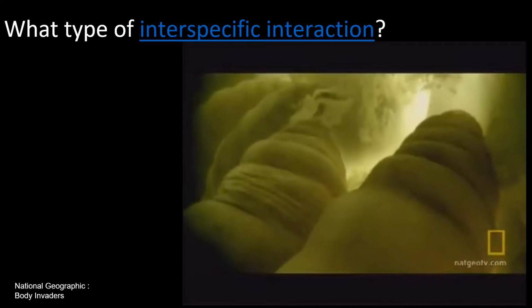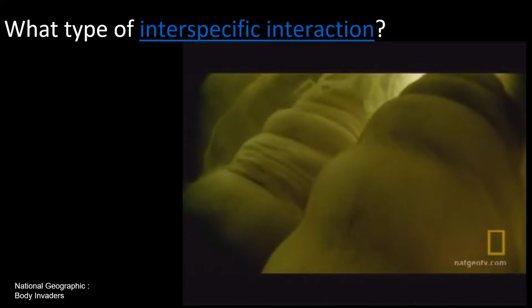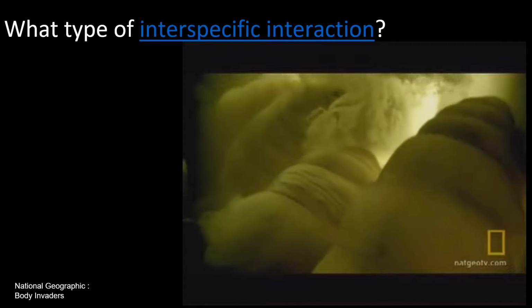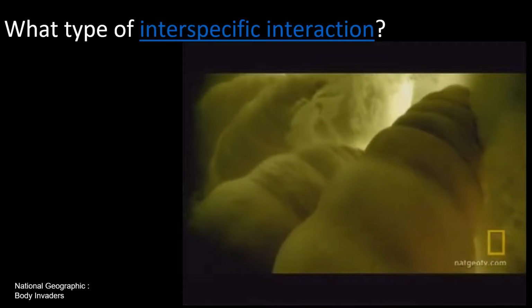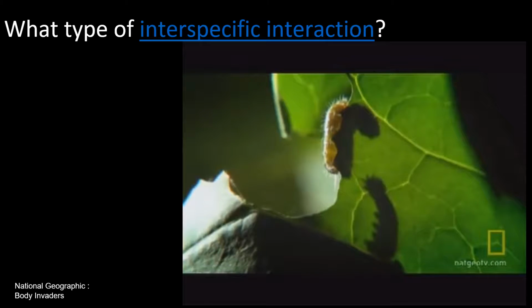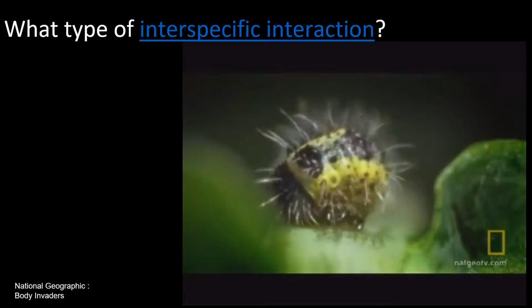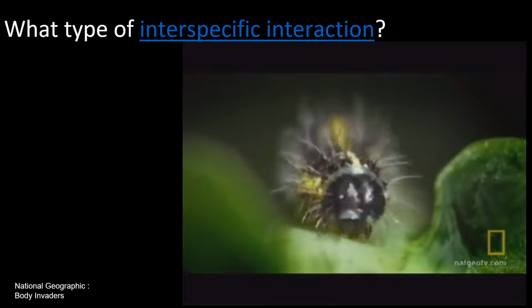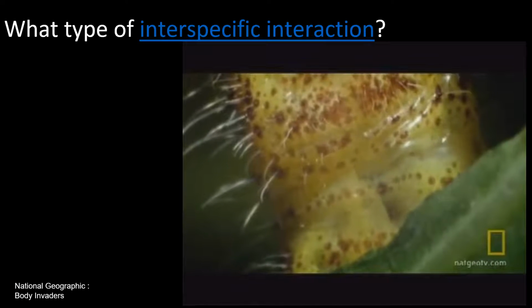To complete the next stage of their life cycle, they must break out. The caterpillar's thick skin should be a solid barrier to the parasitic wasp larvae.